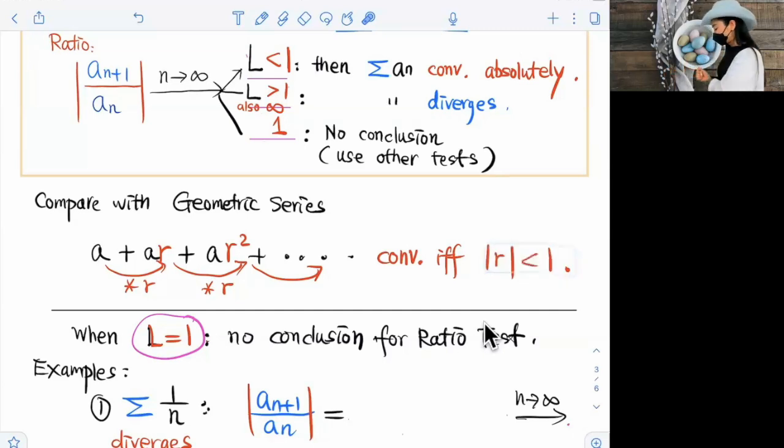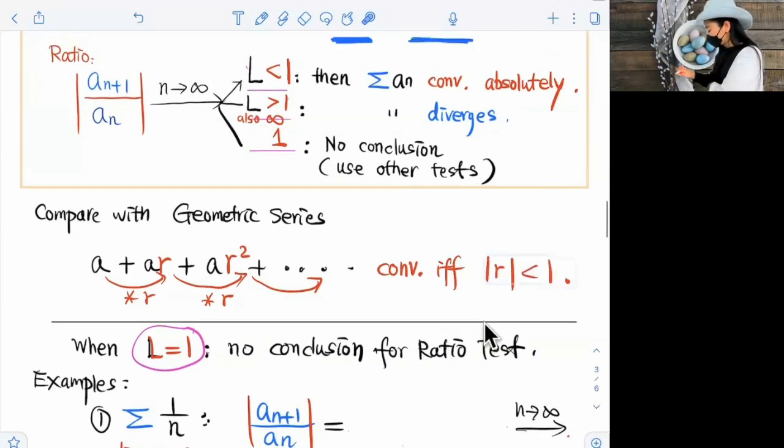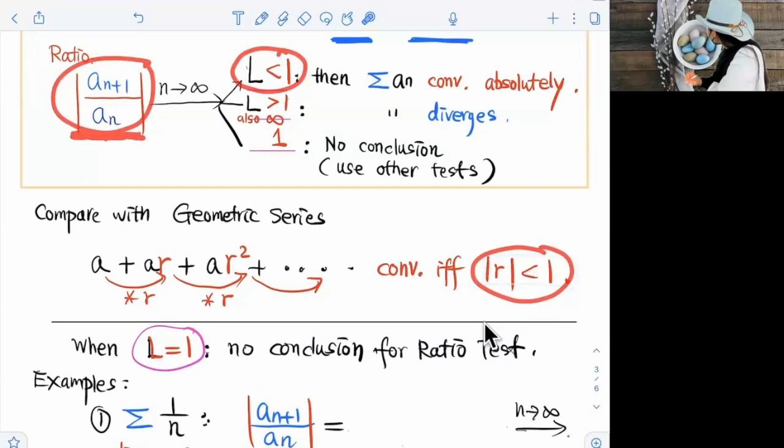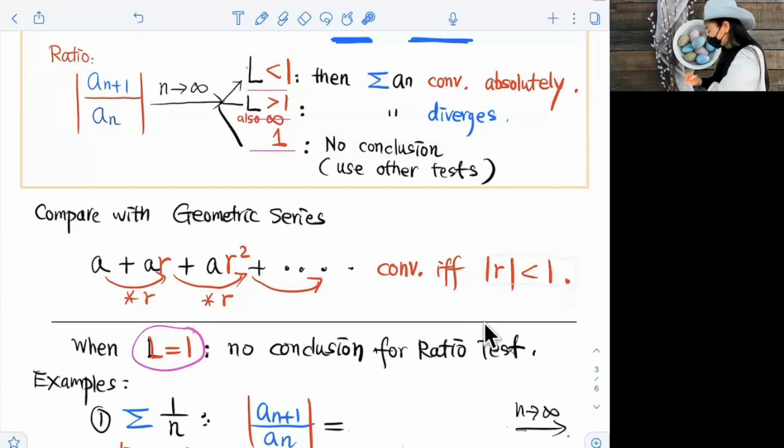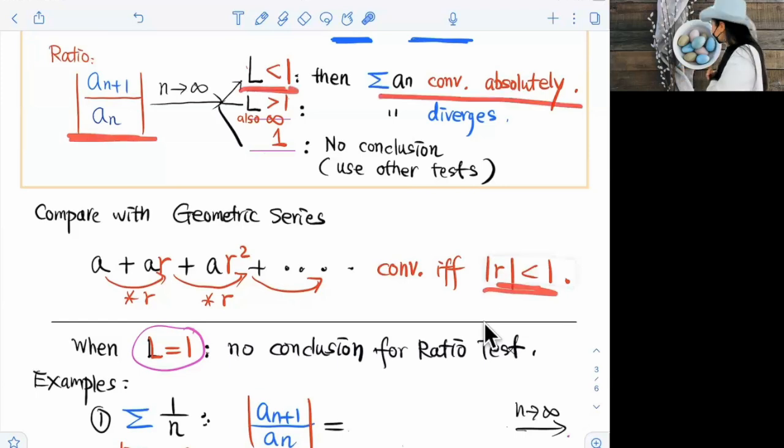Now think about this one like that, with the absolute value. It's kind of like the common ratio. If the absolute value of the common ratio is less than 1, then it converges absolutely.